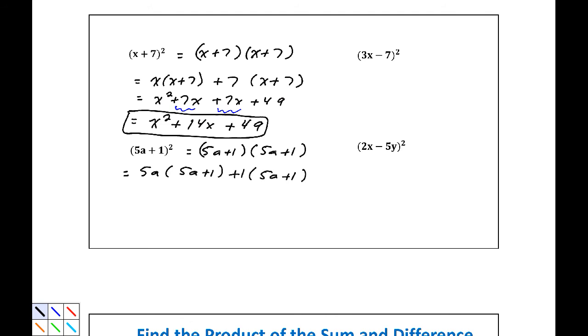Distributing the 5a to 5a plus 1 would result in 25a squared plus 5a. And distributing 1 to 5a plus 1, that would result in plus 5a plus 1. And I can combine 5a and 5a to be 10a. Bringing down 25a squared and my plus 1, that's 25a squared plus 10a plus 1.